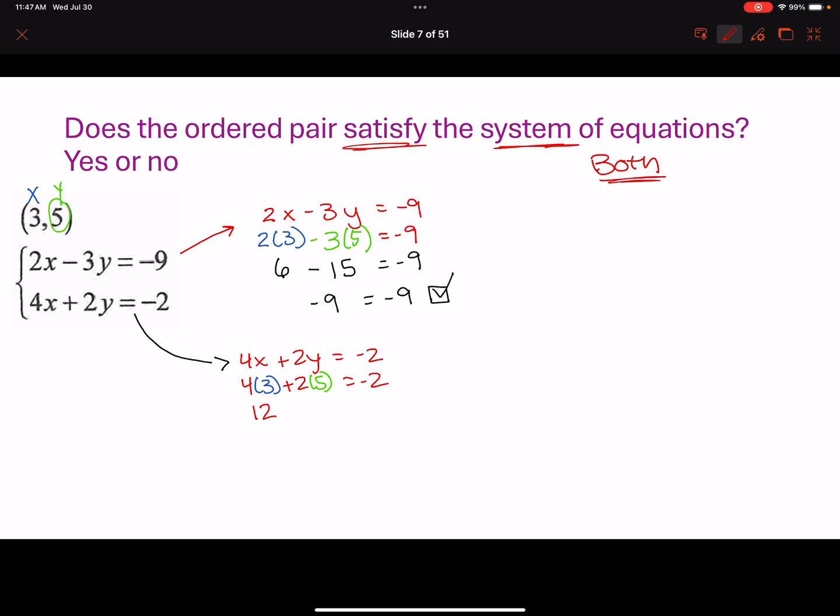Then I have 2 times 5, which is 10. 12 plus 10 is 22, which does not equal negative 2. So this would be no. I would say no, this does not satisfy the system of equations because while that point is a solution to the first line, it is not to the second line. That's not a true statement, so it's not on that line.